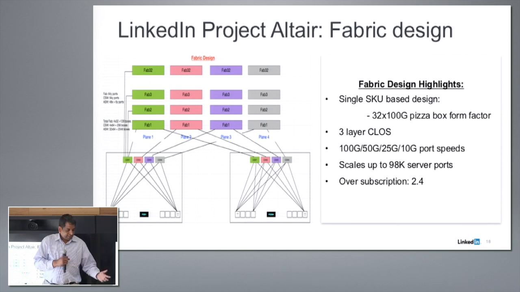The reason I'm sharing this is that you could build a very complex network of this size with one simple brick, the pizza box. To enable that pizza box, you obviously need various things.